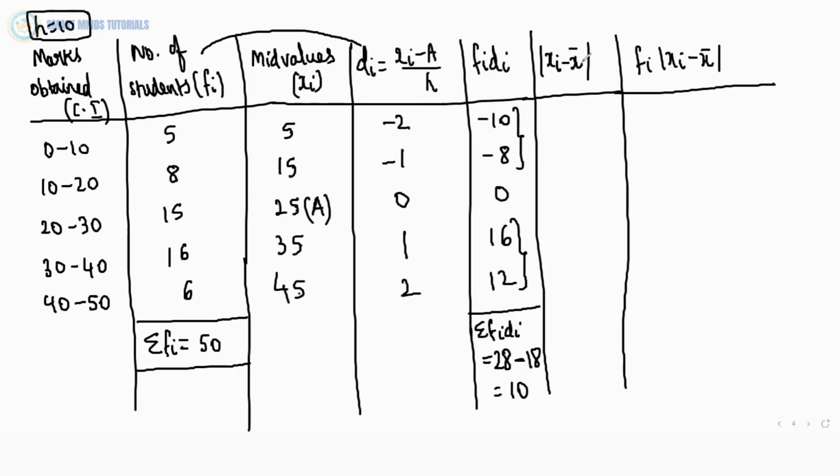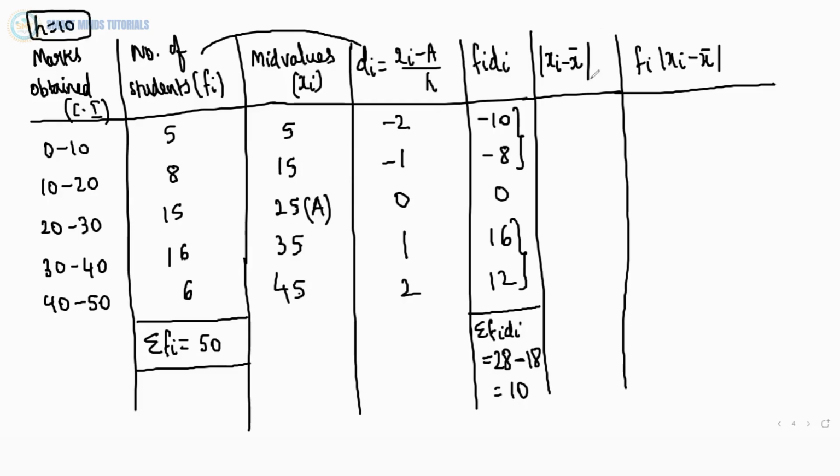After finding x bar, we have to subtract 27 from each xi. Xi is what? 5, 15, 25, 35, 45. Now we have to subtract: 5 minus 27. What is 5 minus 27? Minus 22.